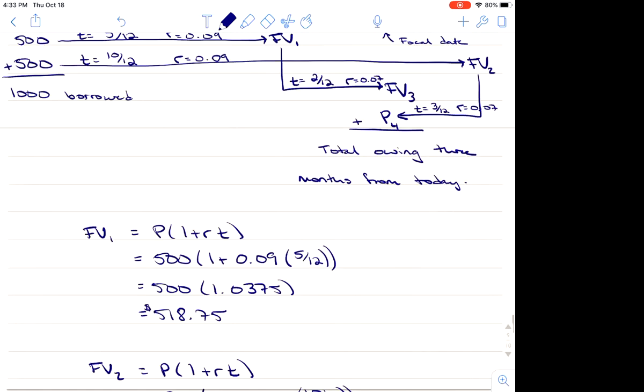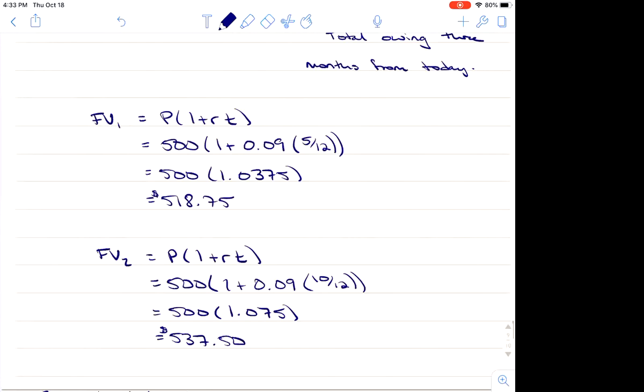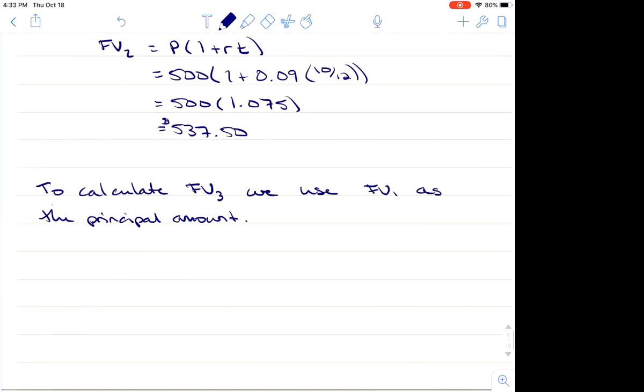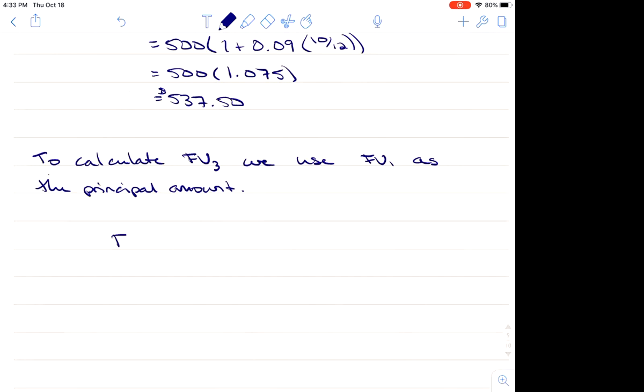So the time is 2 months and the rate is 7% now. Got to keep track of those. Future value 3 is still P times 1 plus RT.